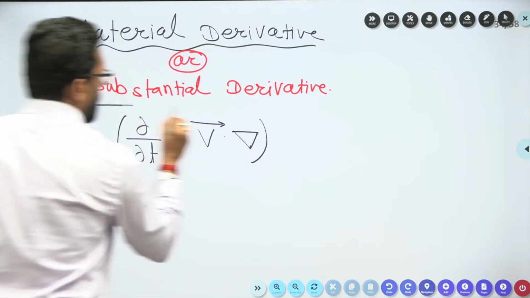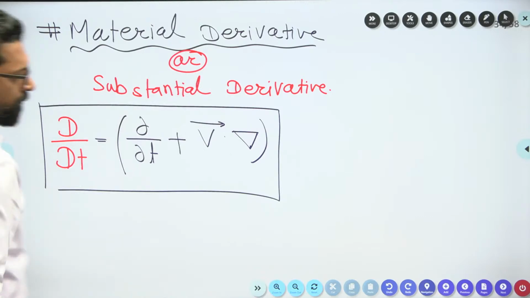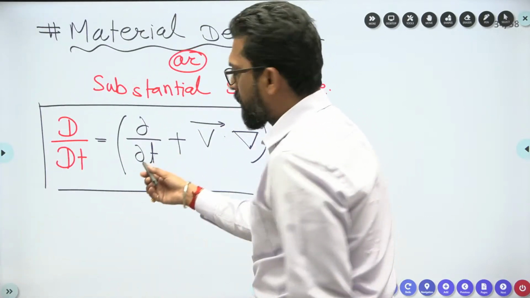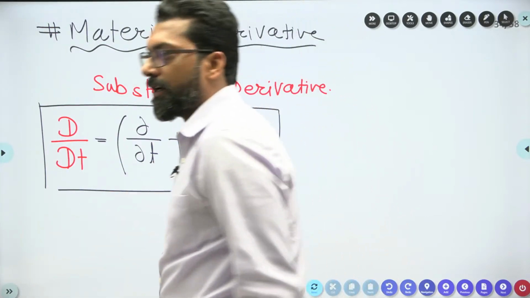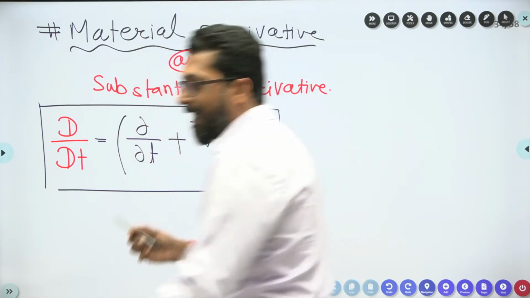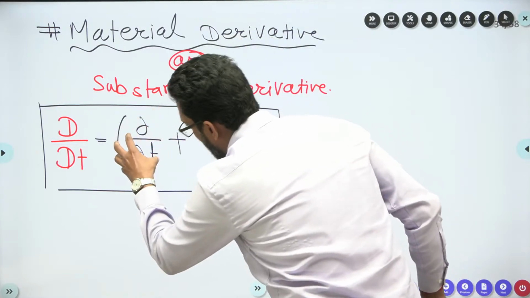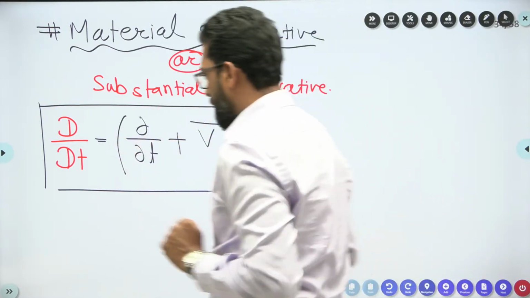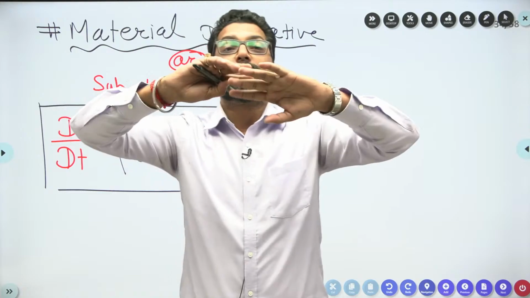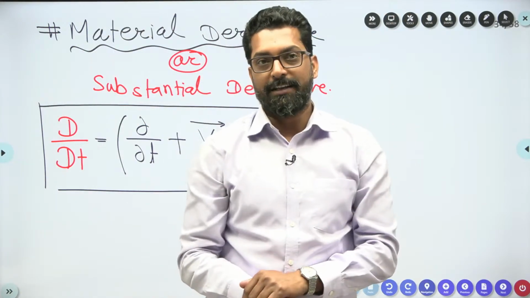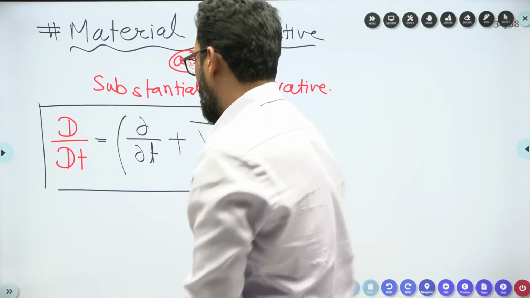This is your material derivative. This is your temporal component and this is your convective component. ये temporal component है बेटा, ये time dependent, ये space dependent. So material derivative is sometimes called total derivative.